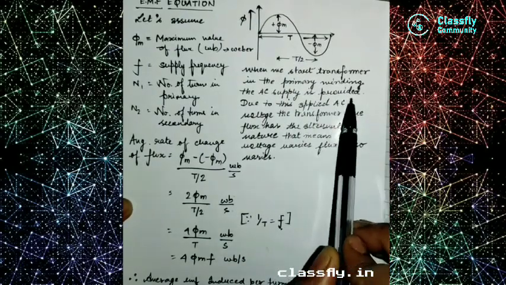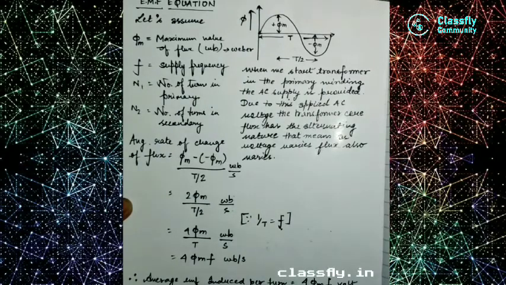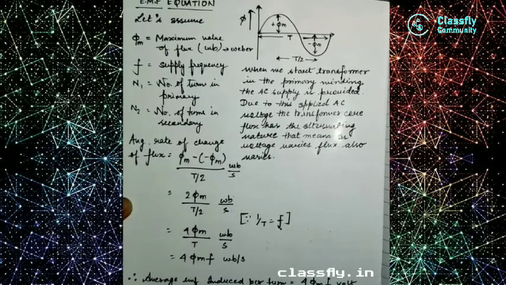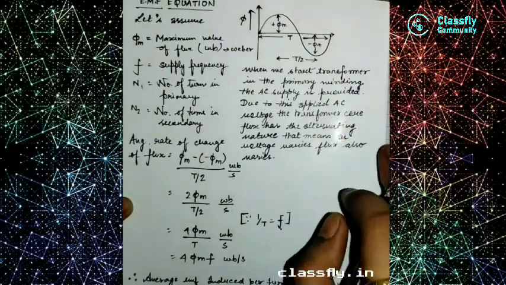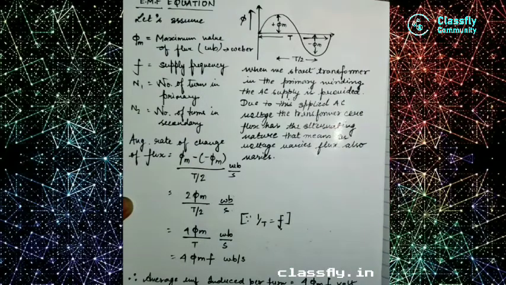Due to the applied AC voltage at the primary winding, the transformer's core flux will also have an alternating nature. As you vary the voltage, the flux will also vary.